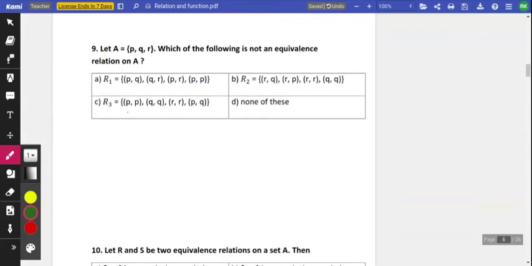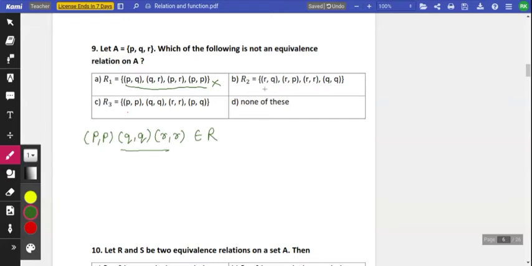In this question you have to check which of the following is not an equivalence relation. For an equivalence relation, the given relation should be reflexive, symmetric, and transitive. For reflexive, (P,P), (Q,Q), and (R,R) should belong to R. In option A, only (P,P) belongs to R; (Q,Q) and (R,R) do not belong to relation R. Therefore, option A is not an equivalence relation.